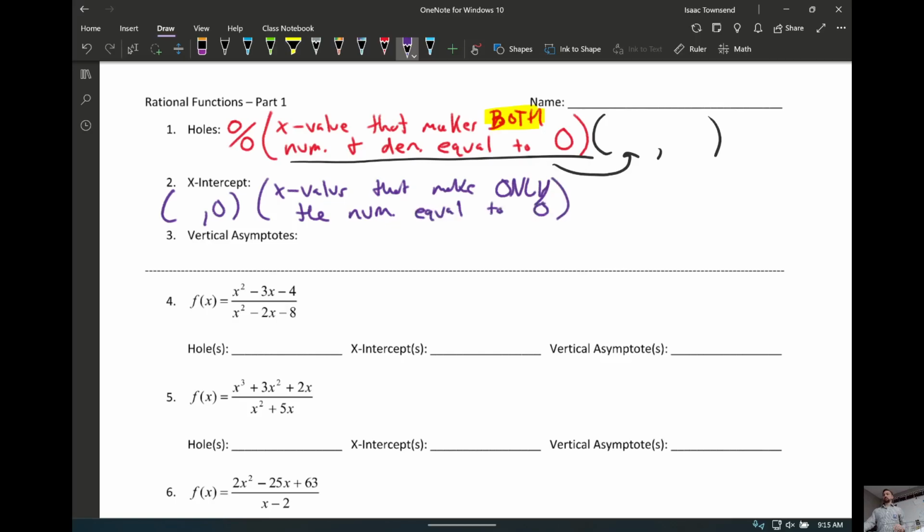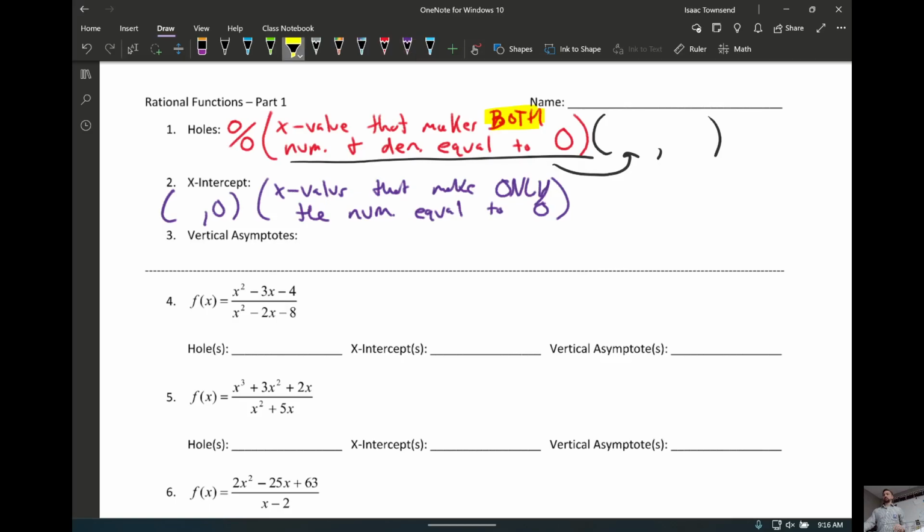Because if the numerator is 0, bless you, if the numerator is 0, 0 divided by any other number besides 0 is 0. And then if your whole fraction equals 0, that means y equals 0. And if y equals 0, we know it's an x-intercept.